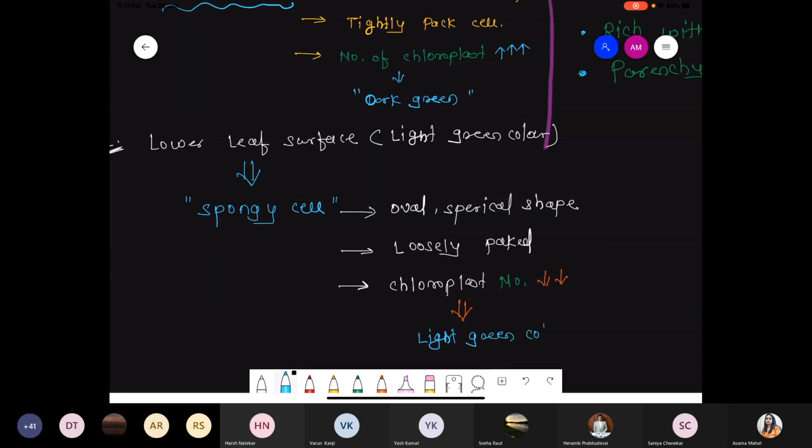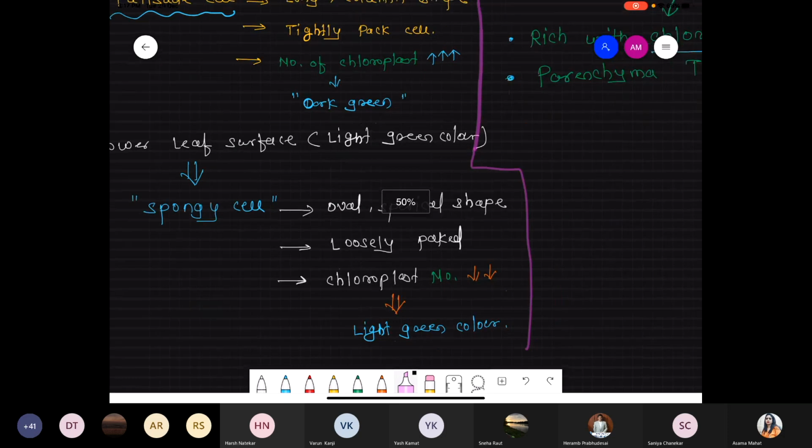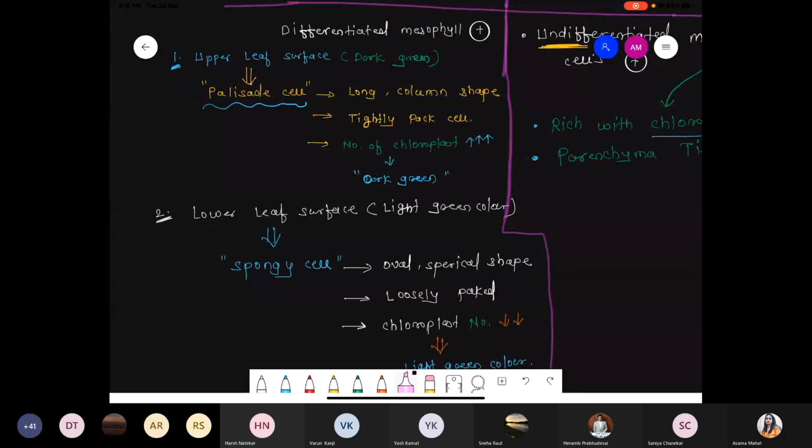So why does the dicot leaf obtain two different colors? Due to differentiated mesophyll cells. And what is the meaning of differentiated mesophyll cells? Mesophyll cells are living cells rich in the chloroplast organelle. They get divided into two different types of cells. Number one is the palisade cell, and number two is the spongy cell.